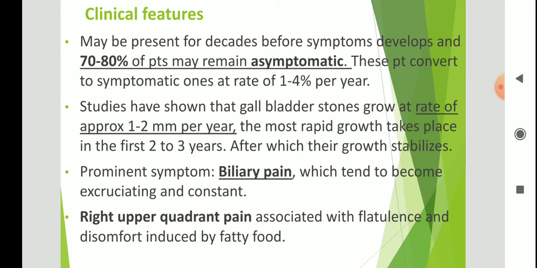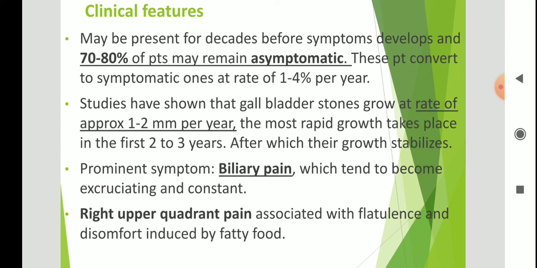The most rapid growth takes place in the first 2 to 3 years, after which the growth stabilizes. After the formation of any nidus, concentric deposition of the salts around that nidus is rapid in the first 2 years. Later on, the pace at which these stones grow is decelerated.